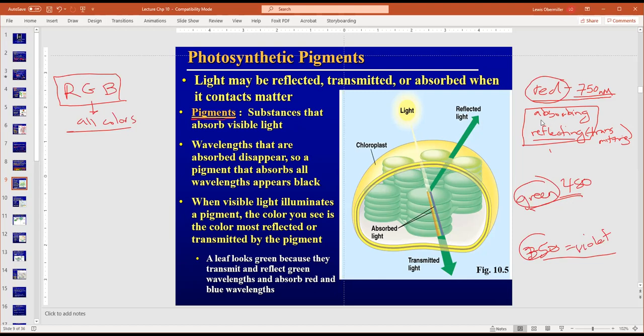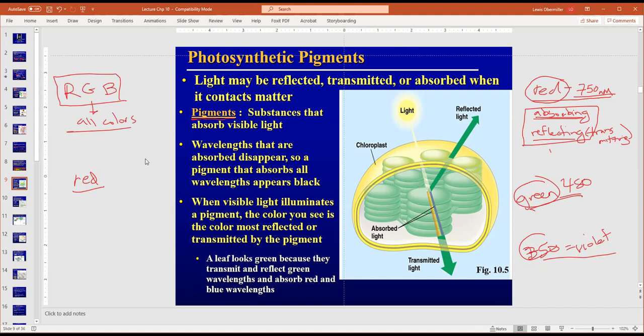So if it's reflecting green, what is it absorbing? Well, it would be absorbing everything but green. Like red, it's reflecting red, but it would be absorbing everything but red. That makes sense?